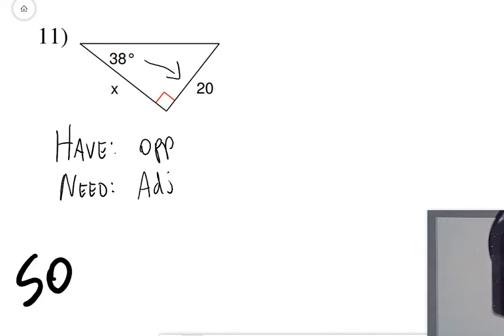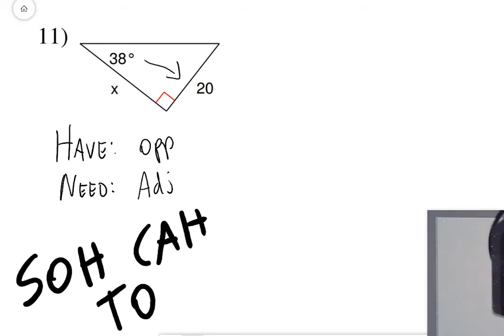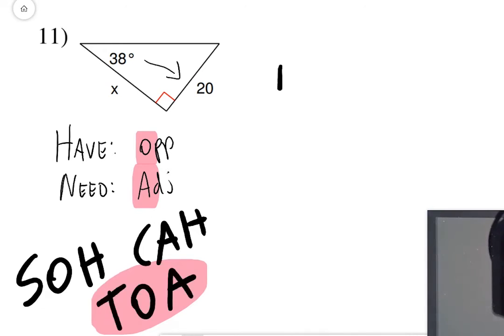It is definitely SOHCAHTOA time again. We have the opposite, we need the adjacent. That's still tangent. We don't care about the hypotenuse. Tangent.